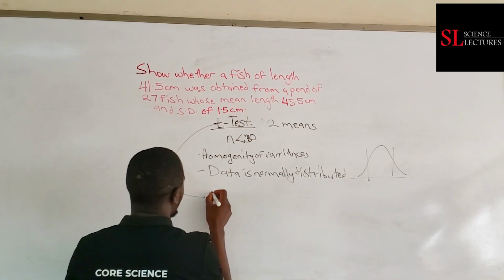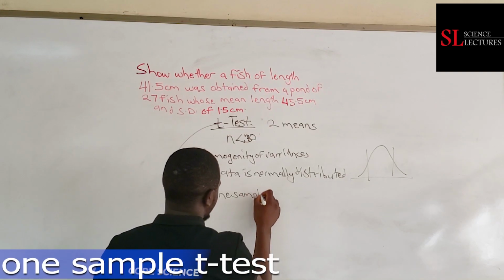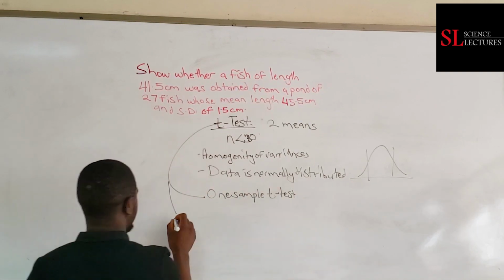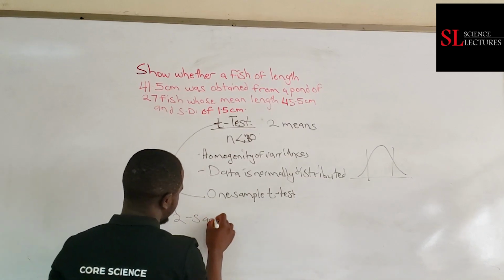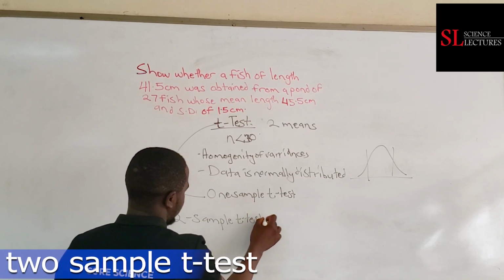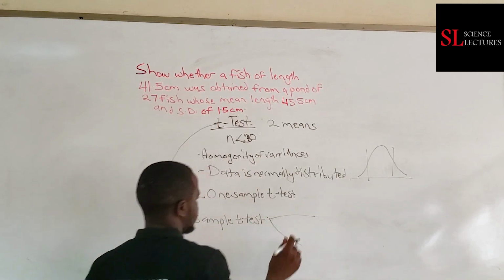And a t-test can be further divided into two. We have what they call a one sample t-test and a two sample t-test. Then the two sample t-test can also further be divided into two.